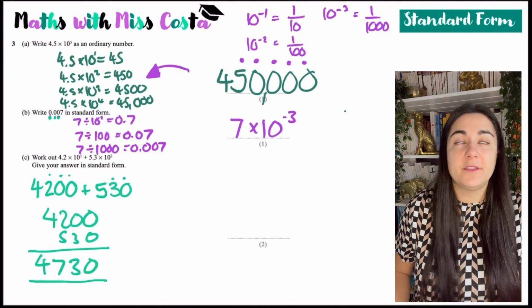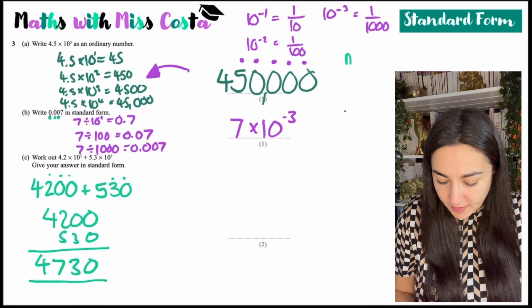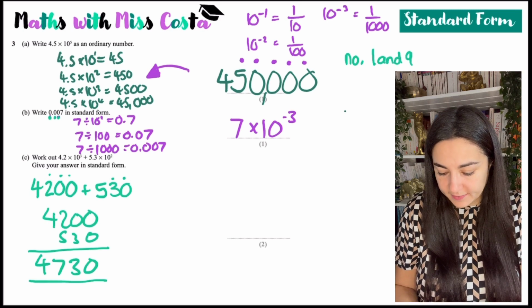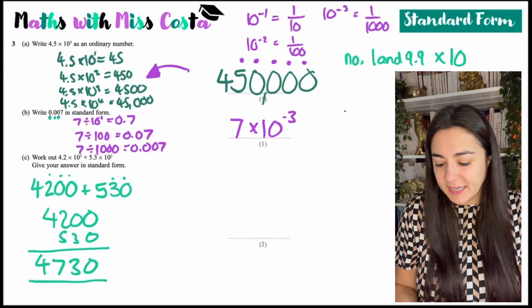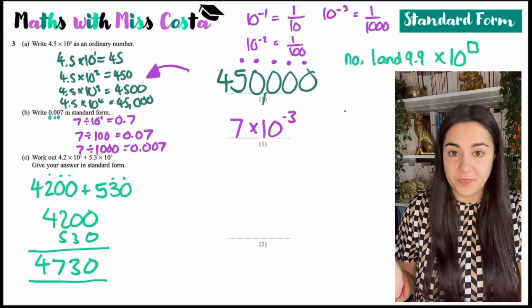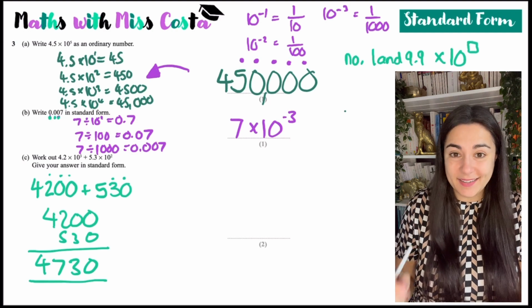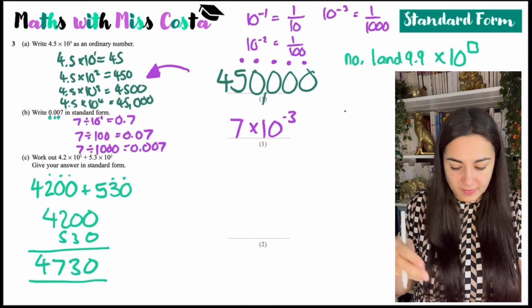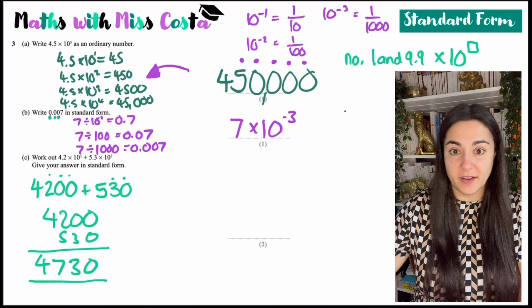So the thing about standard form is it needs to be a number between 1 and like 9.9 times by 10 to the power of something. Okay, so it needs to be a number less than 10. It needs to be a single digit number, but it can be a decimal. And it needs to be larger than 1 and up to 9.9999.